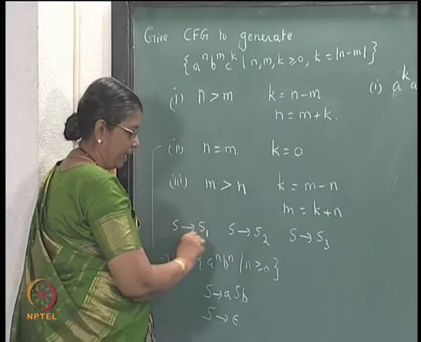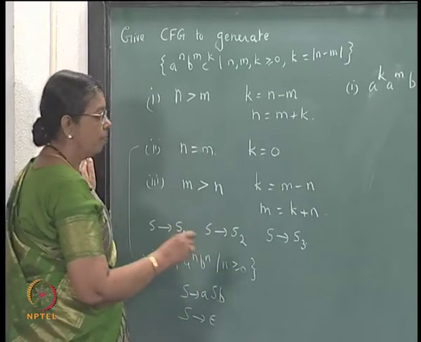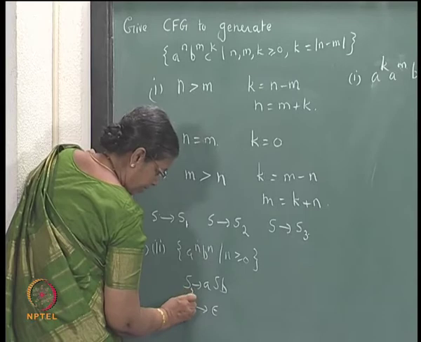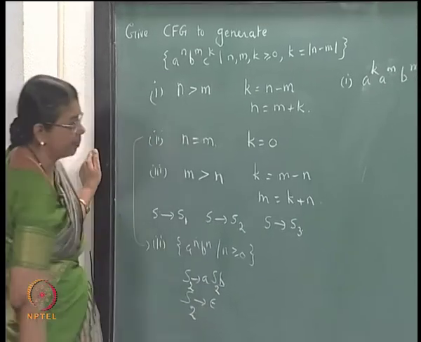S1 should generate that. Starting from S, you can go to S1 or S2 or S3. The second portion is generated by S2. So, S2 goes to A S2 B, S2 goes to epsilon.